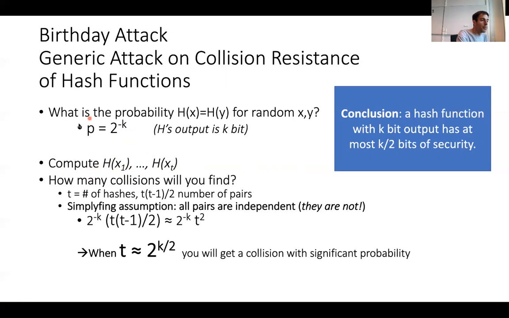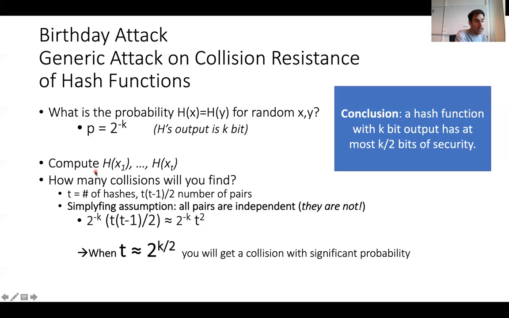The probability that when I pick 2 random values the hashes are the same, that I find a collision, is 2 to the minus k, assuming 2 things. The first is that the output of the hash function is k bits, and the second is that the hash function behaves randomly. Most hash functions can be approximated to behave randomly, so that's a fair assumption. So now I know that the probability of a collision for a random pair is 2 to the minus k.